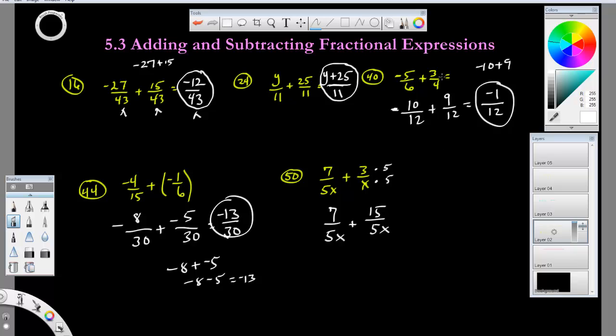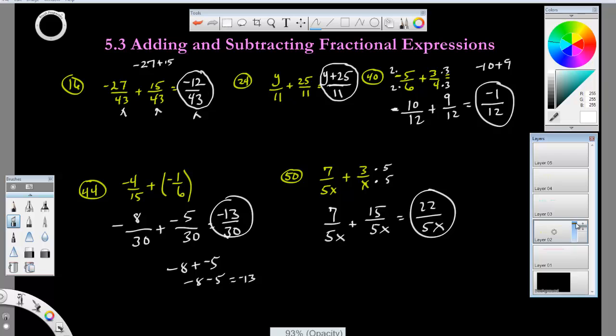Now, if you think about it, that's exactly what I did. Let's back up here to number 40, for example. Here I multiplied this by 3, see that? And here I multiplied these by 2. So I've been doing this the whole time. Now I'm just multiplying these by 5s. And so the bottom stays 5x. The top is 22. 22 over 5x.